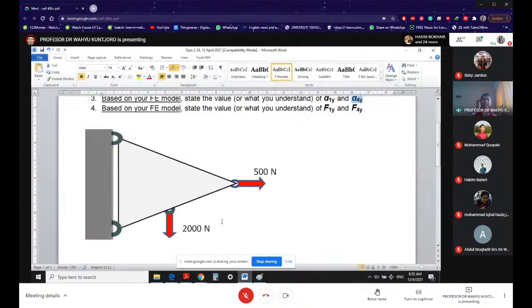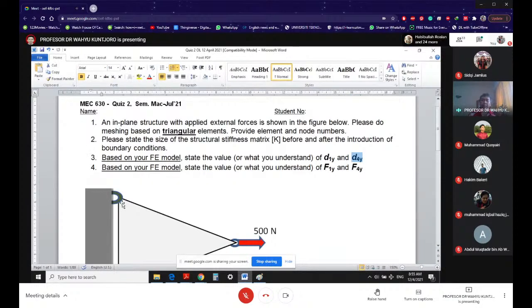That is the reason why for question number 3 and question number 4, look at the question. I have underlined "based on your FE model." Because later on, when you do tests, what I give you is a structure.